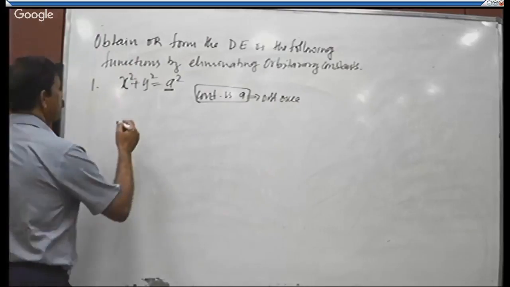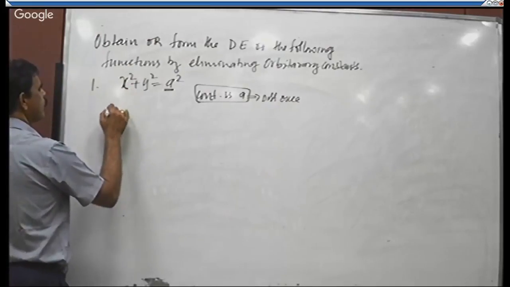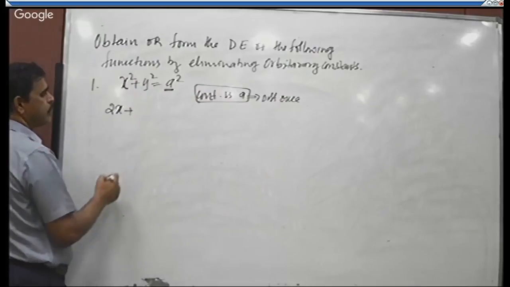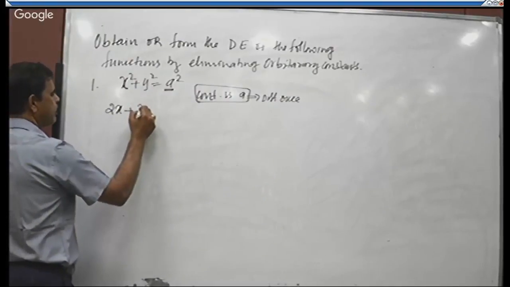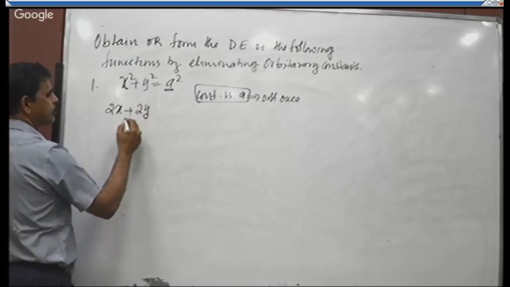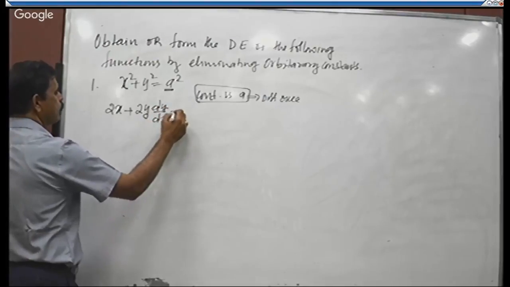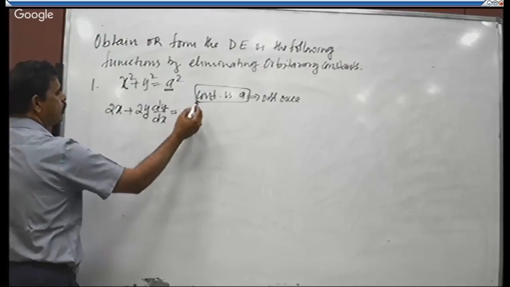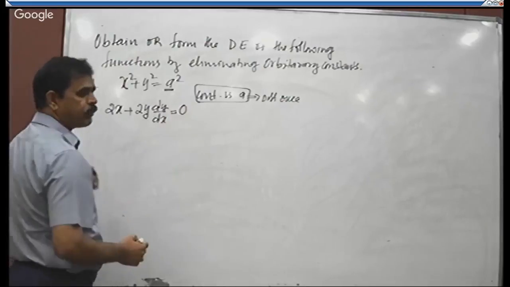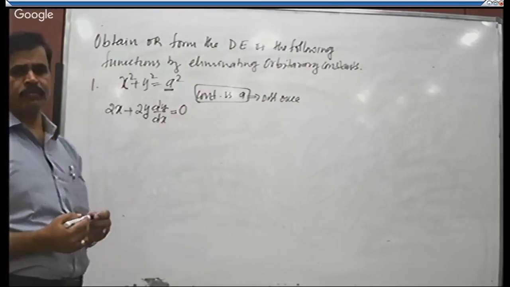Differentiate this. We know the differentiation. The differentiation of x square is 2x, plus the differentiation of y square. It is a y term, differentiate similar to the x term, but at the end we have to put dy by dx, is equal to the differentiation of a. a is what? A constant. The differentiation of any constant is 0.